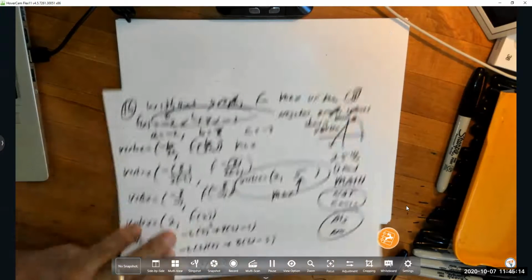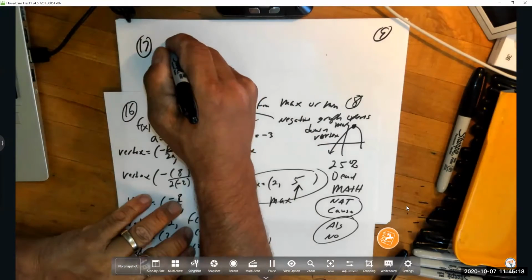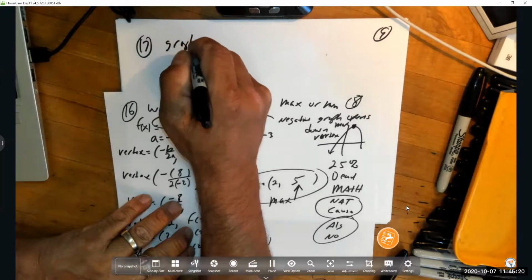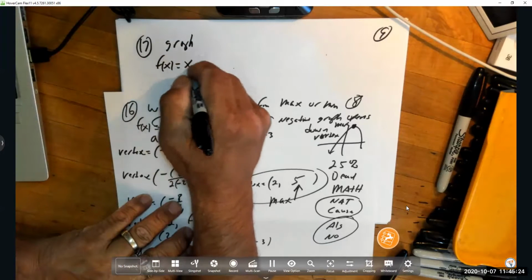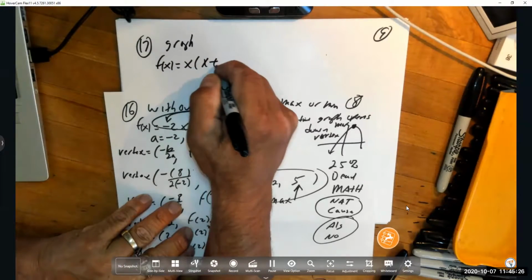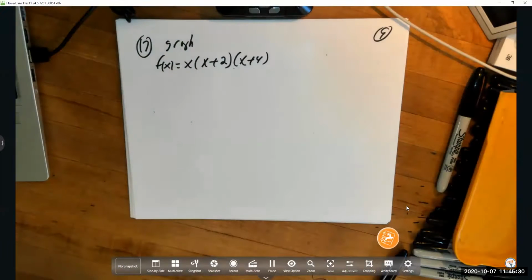Number 17. It says graph f of x equals x times x plus 2 times x plus 4. All right, put it in your machine.